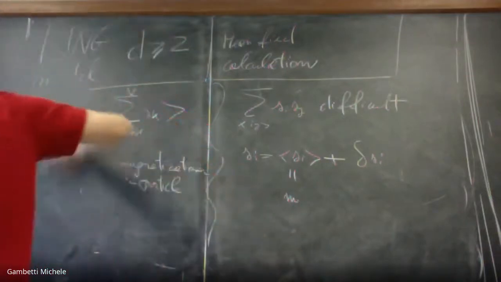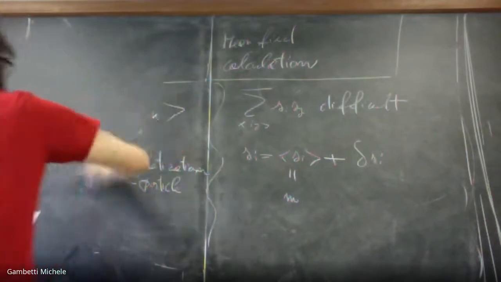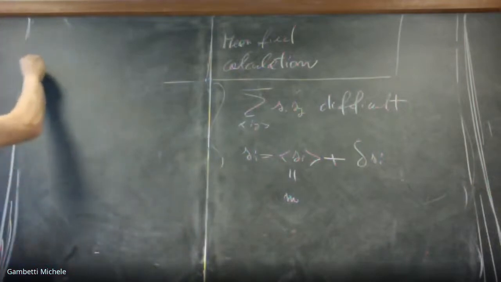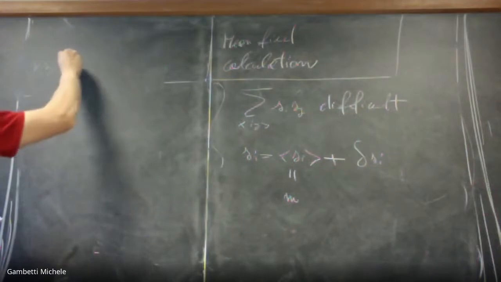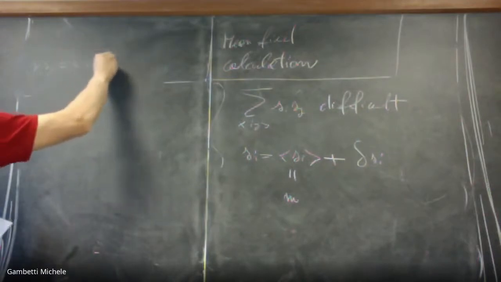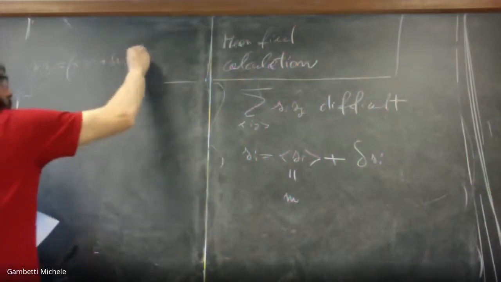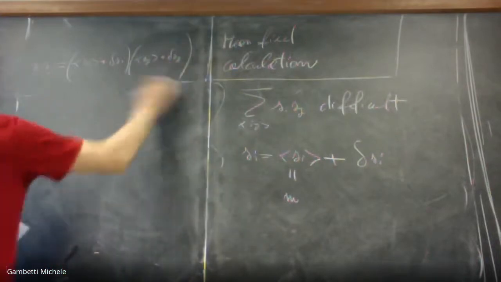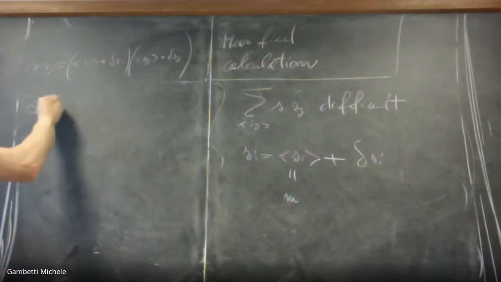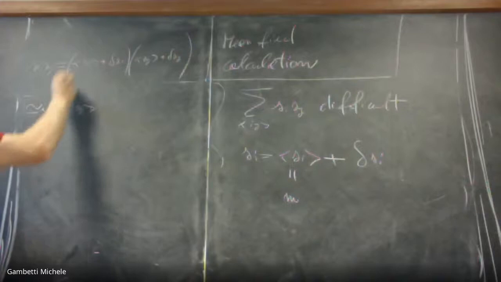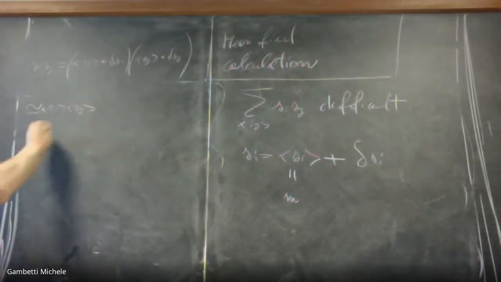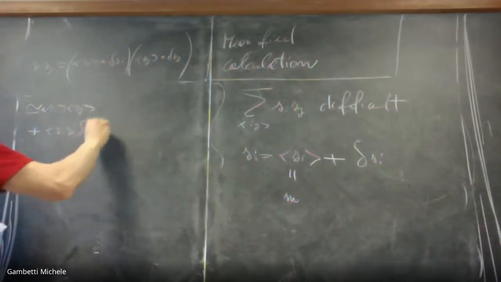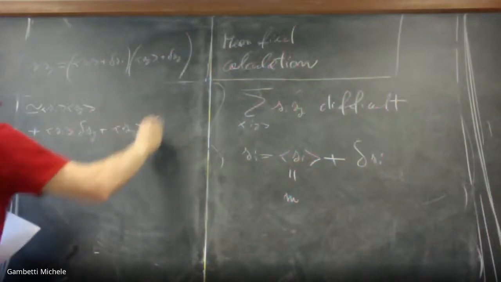Now, if I do the product of two of those, s_i and s_j, this will be the average of s_i plus delta s_i, times the average of s_j plus delta s_j, which will be almost equal to the average s_i times the average s_j, plus the average s_i times the fluctuation delta s_j, plus the average s_j times the fluctuation of s_i.